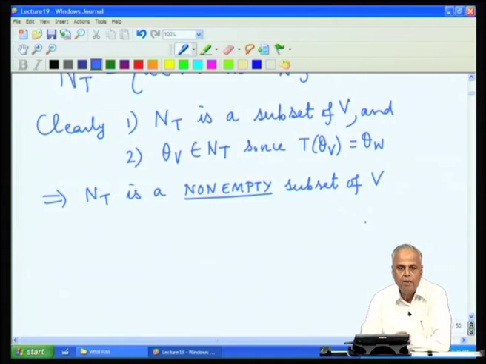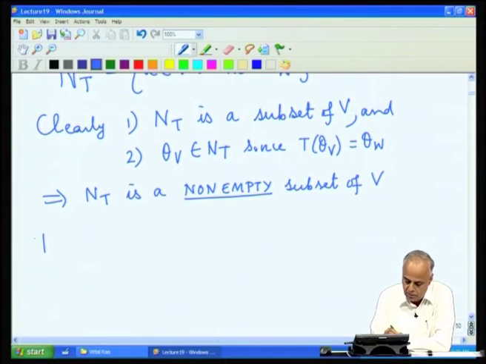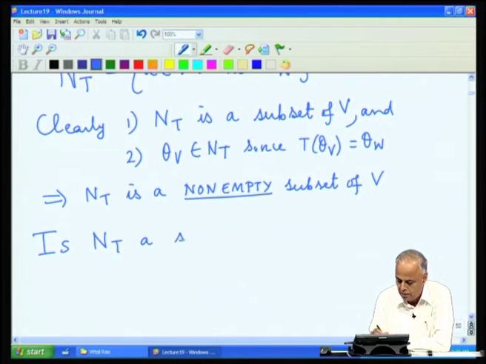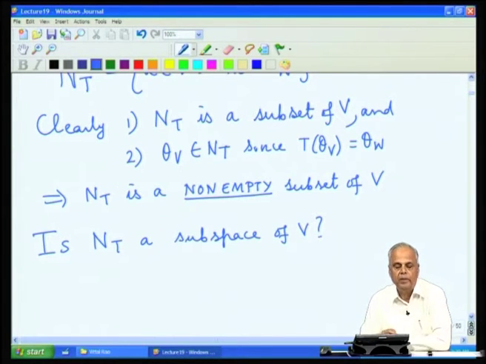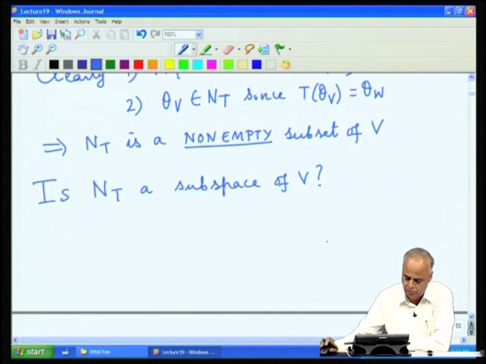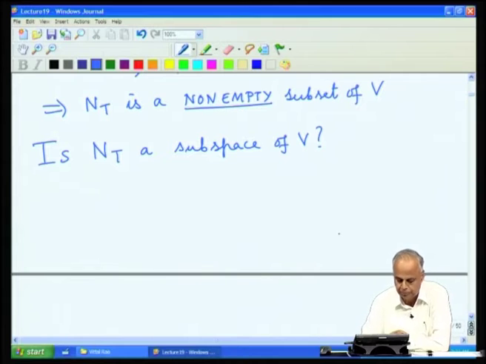Now, whenever we have a non-empty subset of a vector space, the natural question that we ask is whether that is a subspace. So, is N(T) a subspace of V? Whenever there is a non-empty subset of a vector space, we are always interested in knowing whether it is a subspace.